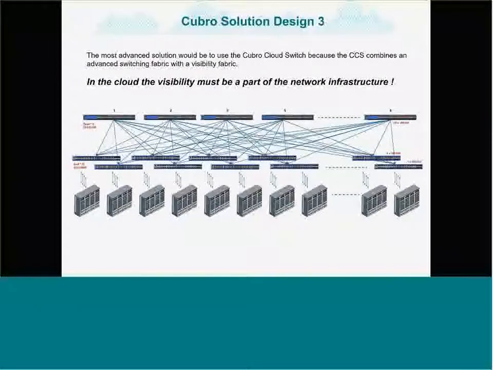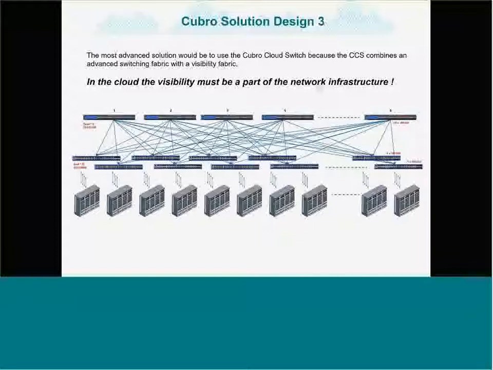But this also has an end at one point, and that's the reason why we developed, over the last 2.5 years, our Cubro Cloud Switch. The Cubro Cloud Switch is something fully different. Maybe 5 years down the road, we will see large cloud data centers, and everything runs in the cloud, especially with 5G.